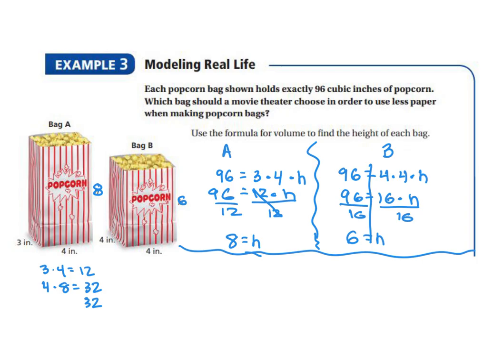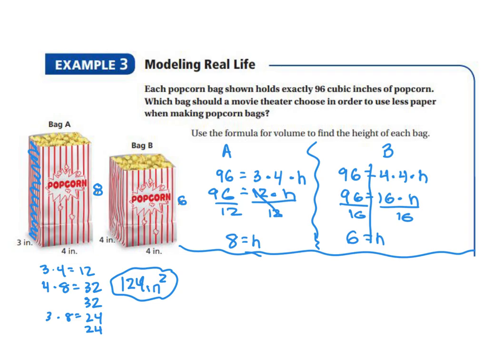And then there's also a left and a right side. That's going to be 3 times 8, which is 24, but there's a left and a right, so we need 2 of those. So we don't have a top, agreed? You've got to be able to put the popcorn in. So you'll have 12 plus 32 plus 32 plus 24 plus 24. I got 124 inches squared for the surface area of the taller bag.